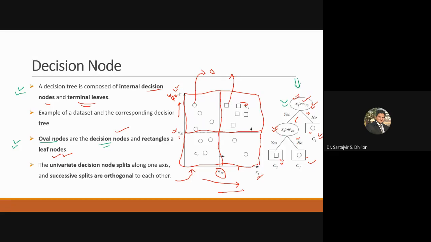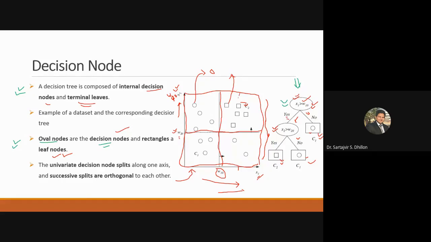And when we have applied the other operation, if yes, if x is greater than w10, it means it is talking about this boundary. In this boundary there are circles as well as some rectangles. So they have applied another expression, which specifies that if x2 is greater than w20, then they are talking about this region.